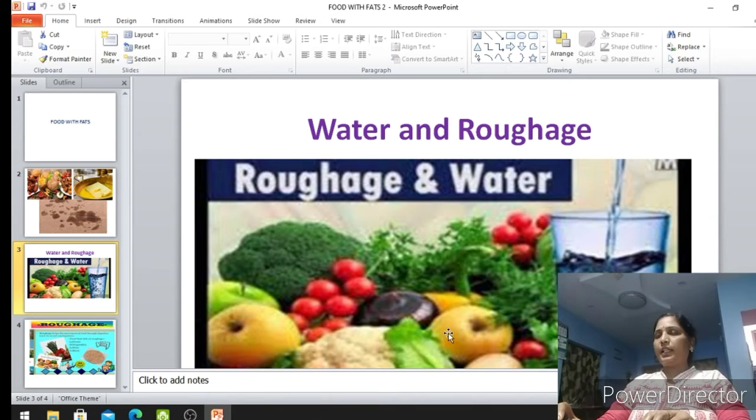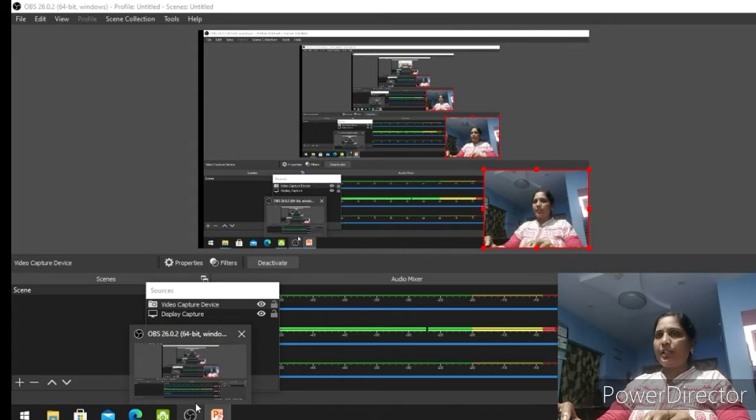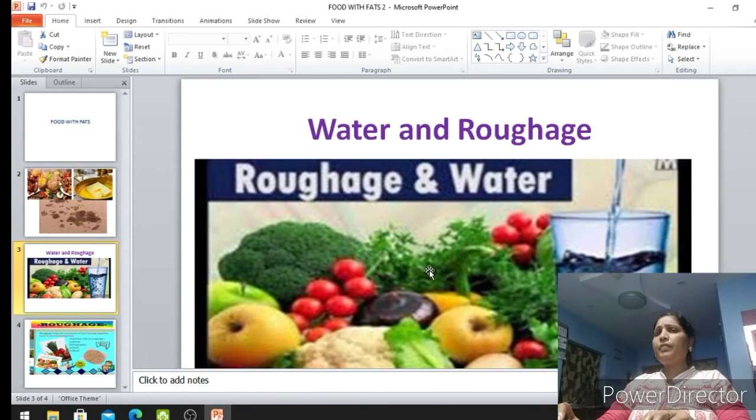They protect us from diseases. That's why you need to eat fresh fruits and vegetables compulsorily. Understood, children? And along with this, the vitamins and minerals are needed in very small quantities by our body, but when they are lacking in our food, they lead to many diseases.